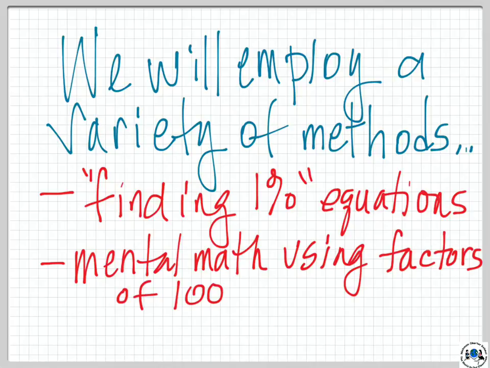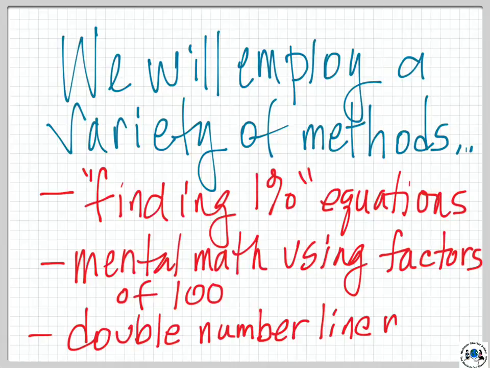Lots of fun. That's towards the end of the lesson. I know many of you love to do mental math already, and this method is very handy, and I know some of you will really enjoy it. And finally, double number line models, which we've been using already. So just another extension, another use of those.